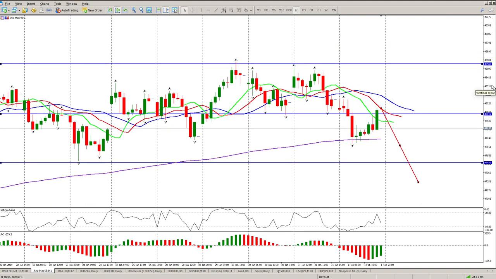Anyway, that's the view that I have at the moment: we are range bound, and I'm anticipating we're going to move back towards the bottom of the range, potentially break out to the downside of this range.